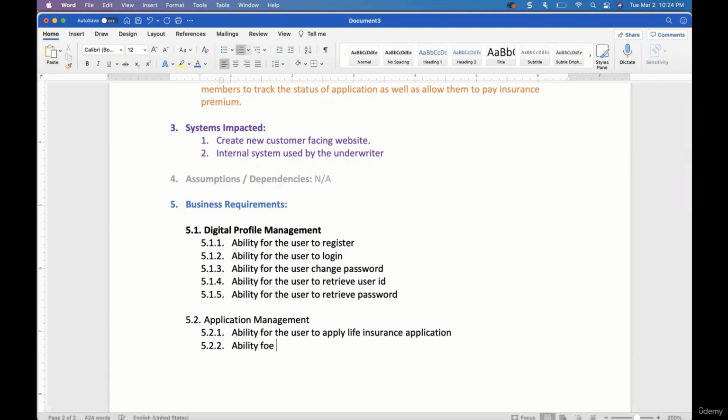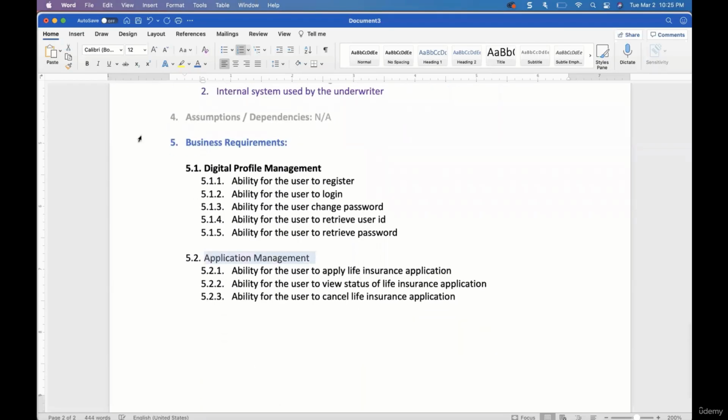Ability for the user to view status of life insurance application. Ability for the user to cancel life insurance application. So these are all the requirements which are related to application management.